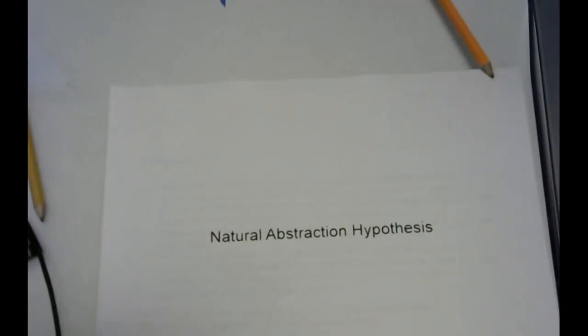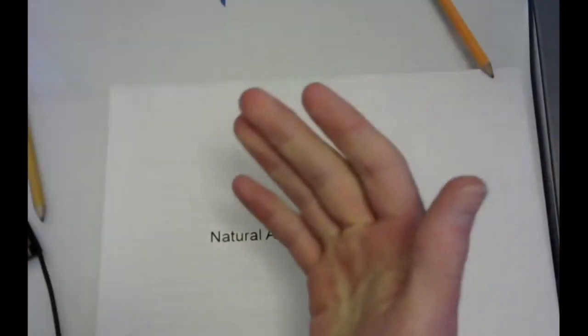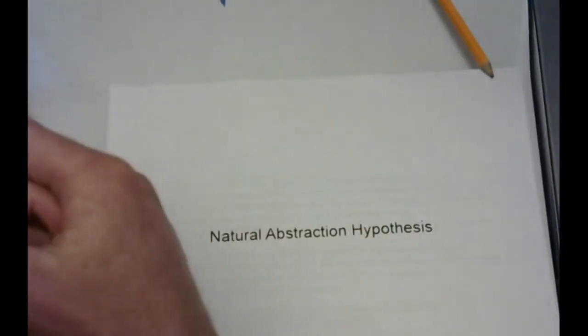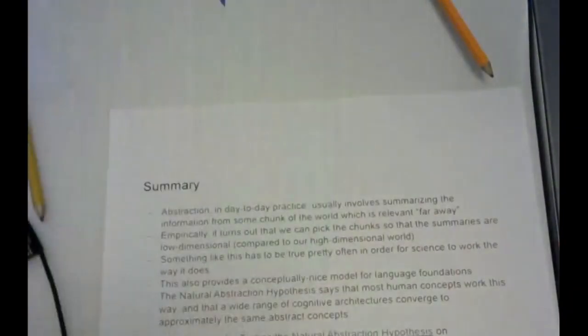The notion of tree is a concept which is useful to have for more general minds in our environment because it saves computation and it's predictively useful. Because there's this low-level summary that's relevant to everything far away, it is useful to use that low-level summary when making predictions.